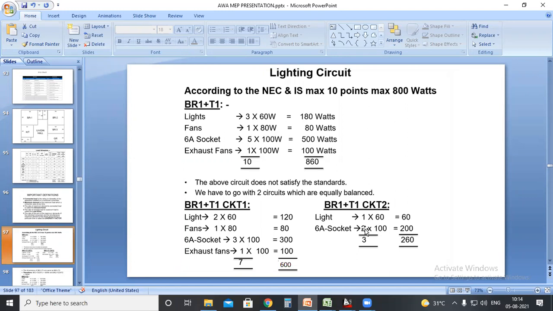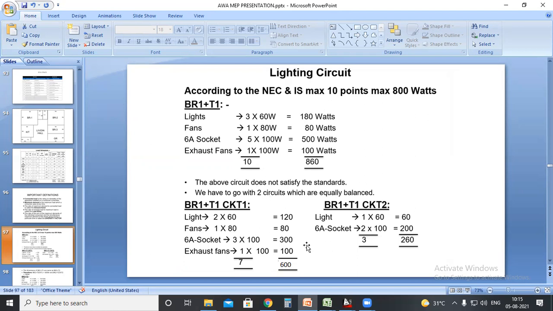If you are just following the theory, not thinking about the practical condition, and you prepare it as a single circuit, then in the real case the electrician has to route the wire from the bedroom to the kitchen, which will be a difficult task for him. So whenever you prepare the circuit, make sure you are taking nearby points. This is just an example to understand. So here they have gone with two circuits.